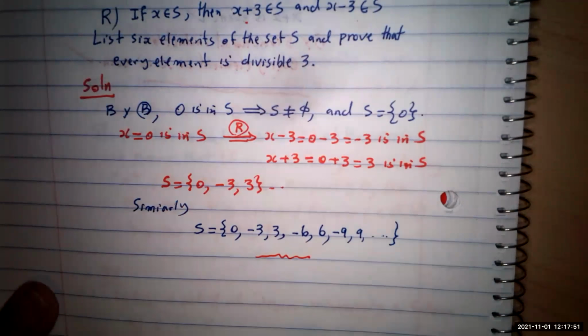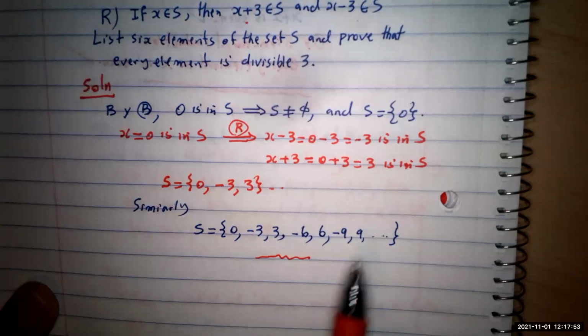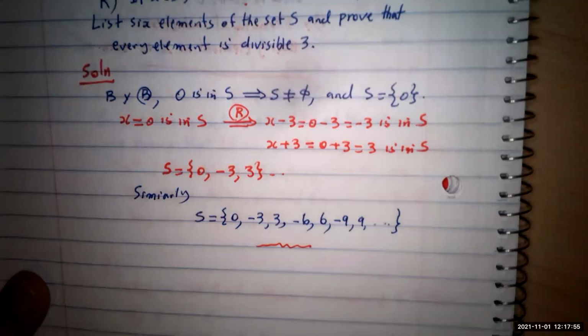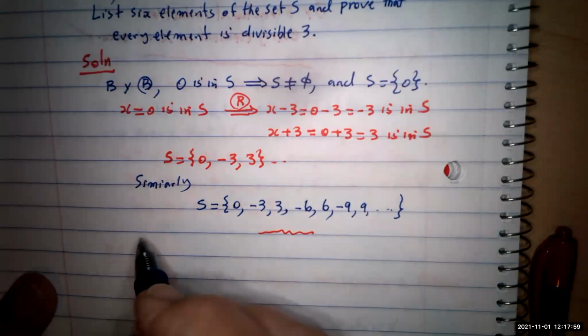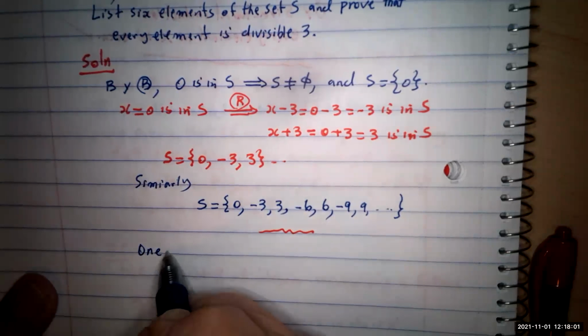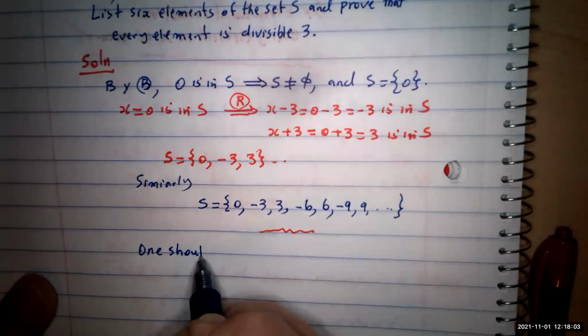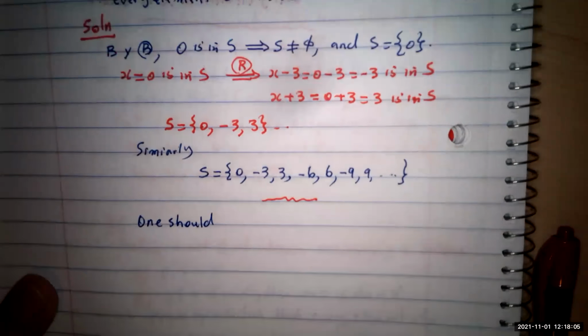Now we want to prove by induction. As you can see, all of them are divisible by 3. So inductive part, start with this expression that one should prove. You have to introduce property P, remember.